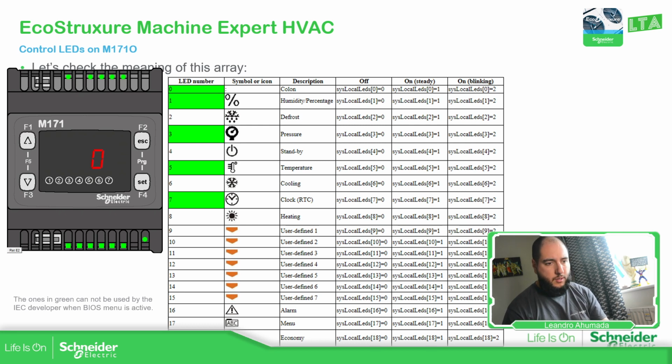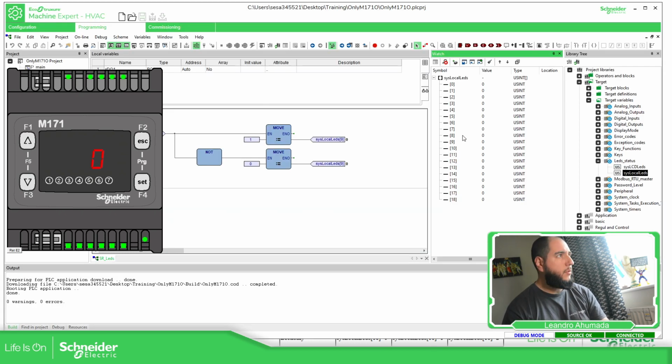So let's go to software. You can see this blinking, that one, 0, 1, percentage, frost.